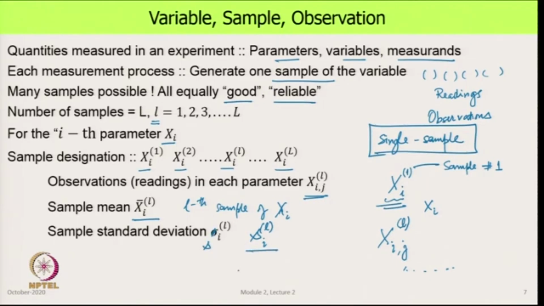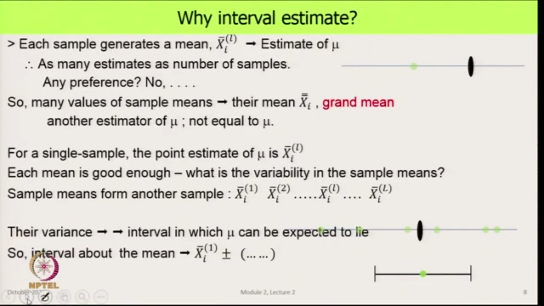So, this is S I L, the sample standard deviation. Now, why do we need an interval estimate? What we have is that each sample is generating a mean, which we denote by this symbol, and this mean is an estimator of the population mean, which is given here as mu.